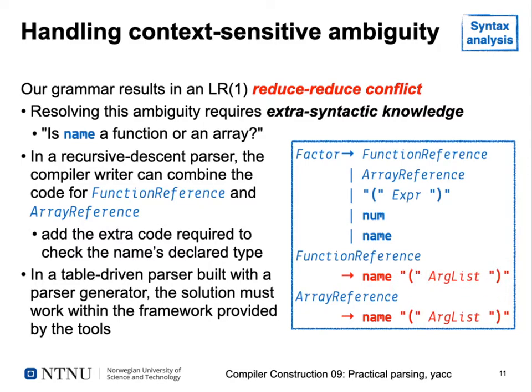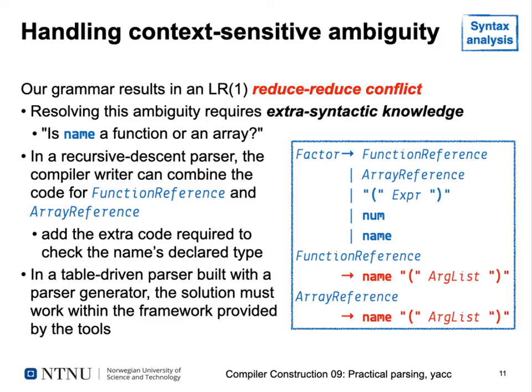And then it could check, do I know anything about name? So this involves so-called symbol tables, and we'll talk about symbol tables later when we talk about type checking and things. And then our recursive descent parser could check, I've encountered this token with the name. So is it a function, is it an array, or has it not been defined at all, maybe? And so it can decide which action to take.